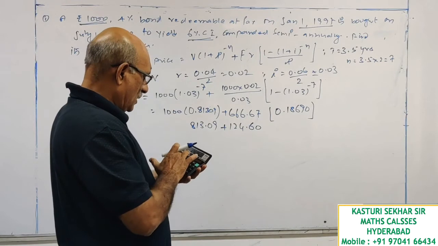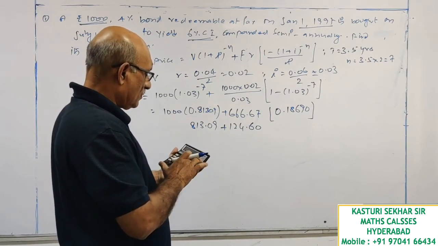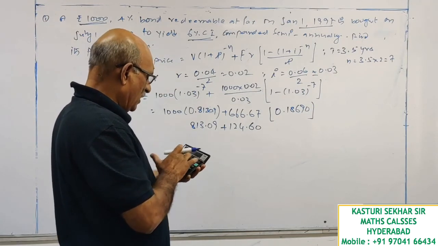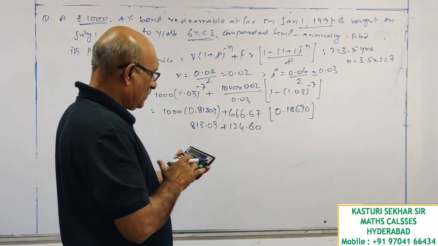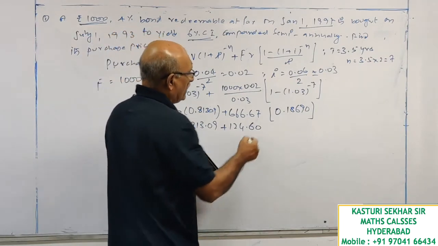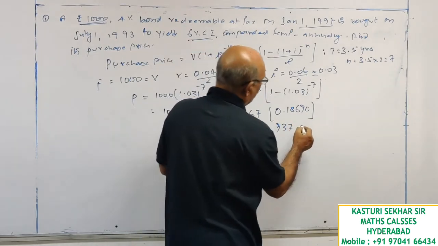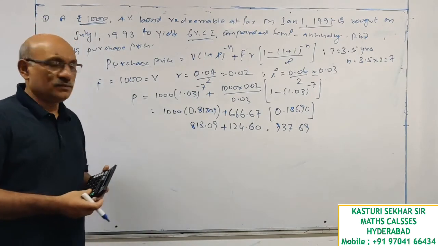Plus 813.09 plus 124.6, this is 937.69. This is the purchase price of the bond.